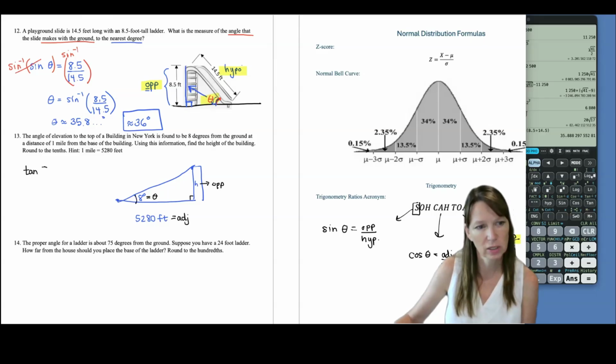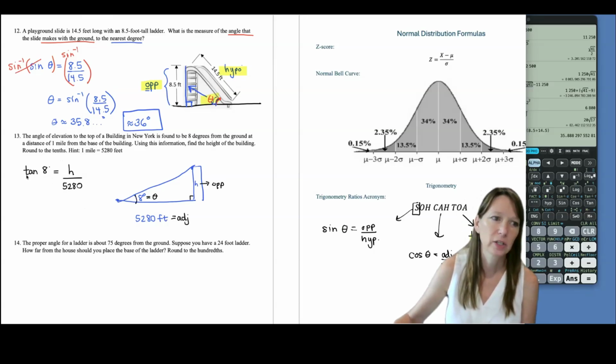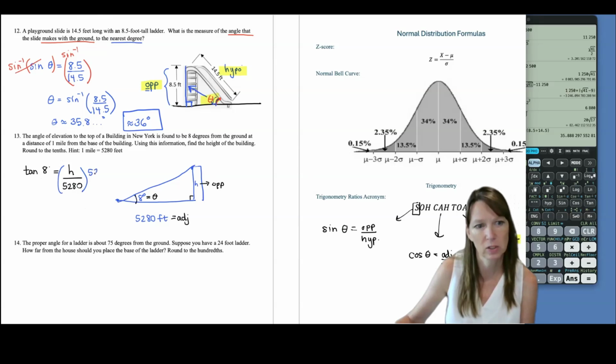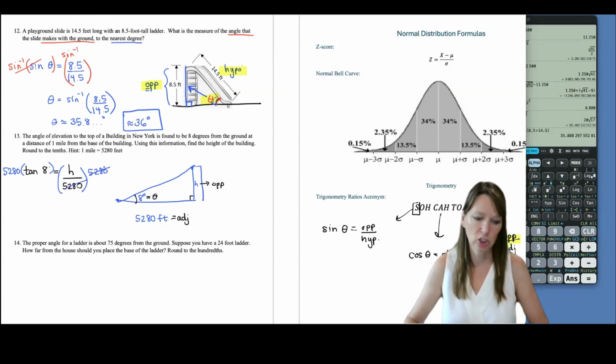So I get tangent of 8 degrees equals the opposite side, which is my H, not to be confused with hypotenuse, but H for height, over the adjacent side, which is 5280 feet. Now I don't want to use an inverse function here because all of this is known. I'm trying to solve for H. I'm going to multiply both sides by 5280 to get rid of the fraction.